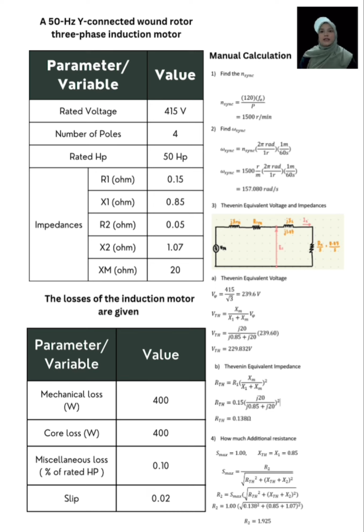And the next one is we need to find the Thevenin equivalent voltage and impedance. To get the value of the Thevenin equivalent voltage, we can use this formula, which is VTH equals XM over X1 plus XM times V phase. The value that we have to find first is V phase, which is V line, 415, divided by square root of 3, and we got the value of V phase, which is 239.6 volts.